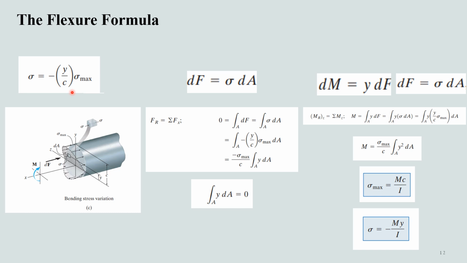The sign convention established here is significant. For positive bending moment, which acts in the plus z direction, as in this figure, positive values of y give negative values for stress. That is a compressive stress since it acts in the negative x direction. Similarly, negative y values will give positive or tensile values for stress.